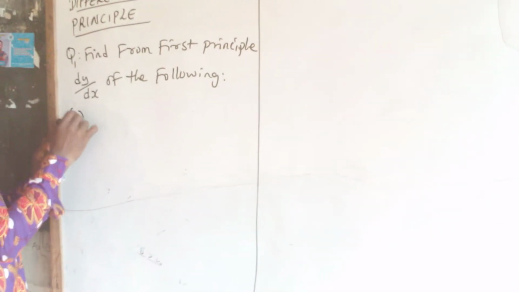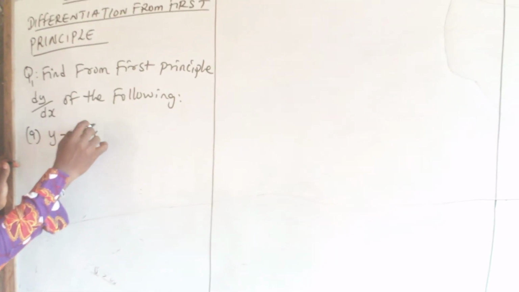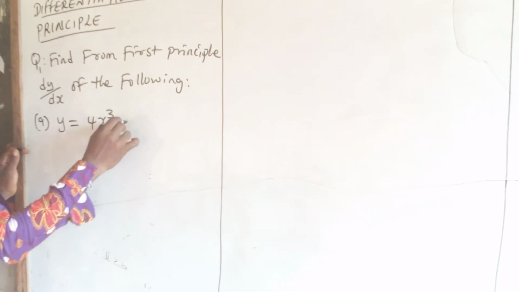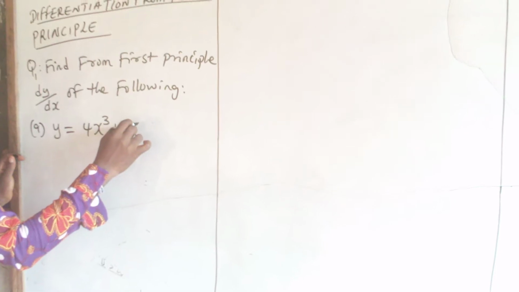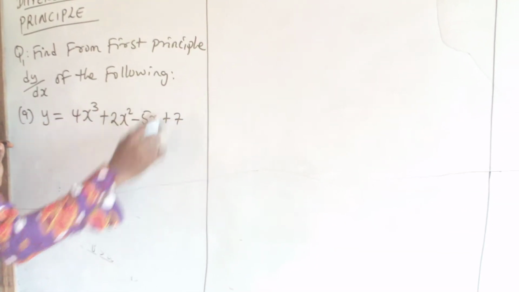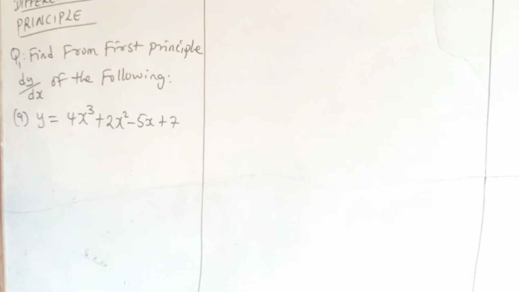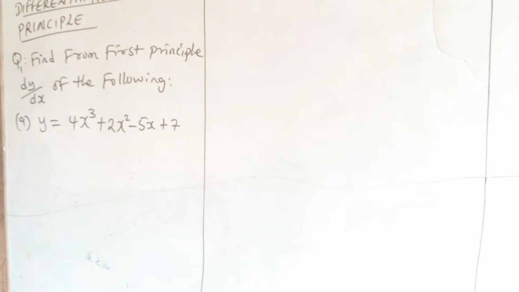Number A, y is 4x raised to power 3 plus 2x raised to power 2 minus 5x plus 7. Let us see how to differentiate this. After this one, we'll go to another one.